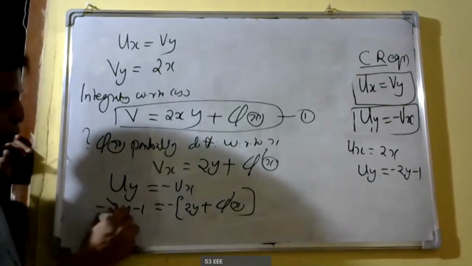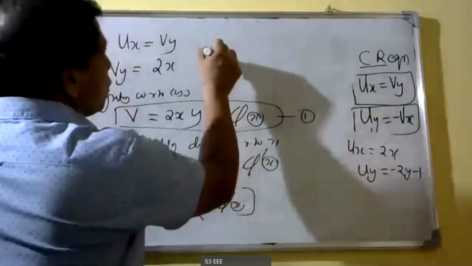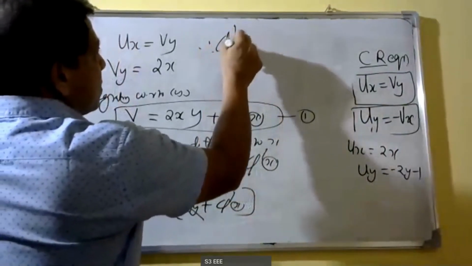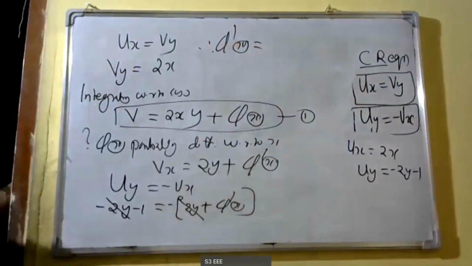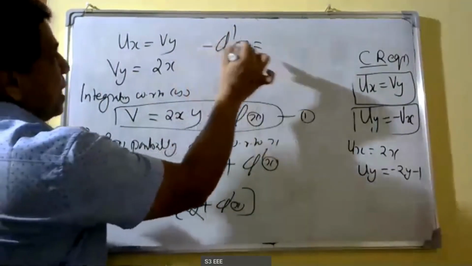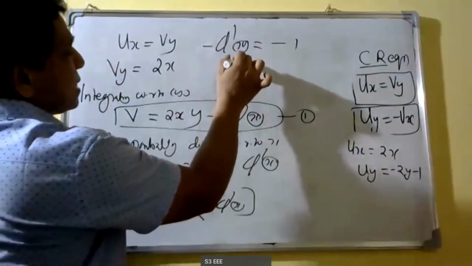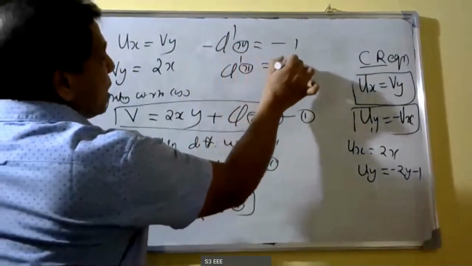Then cancel minus 2y and minus 2y. Therefore, minus phi dash x is equal to minus 1. Therefore, phi dash x is equal to 1.